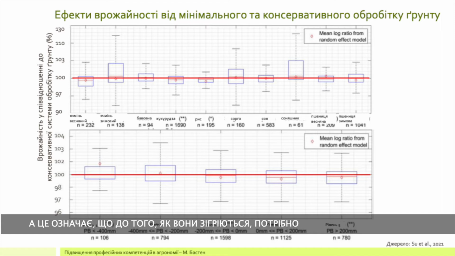That means it takes longer before they warm up, and it also takes longer before they dry. And this might be one reason, for Northwestern Europe at least, why conservation agriculture hasn't taken hold so much there.